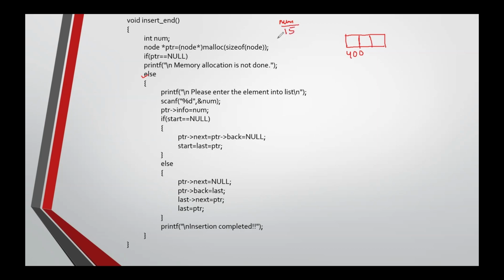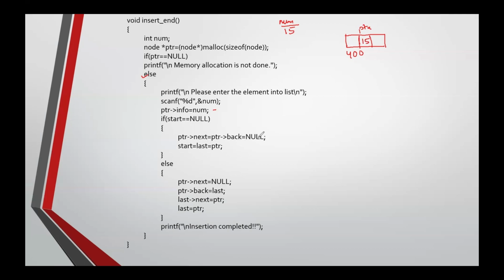So 15 is stored inside num. Then PTR info means this part stores which value? The value 15. Then it will check start equal to null. Yes, because at initialization start and last are null. Previously there is no element, so start is null, last is null. So if start equal to null, then PTR next and PTR back equal to null.